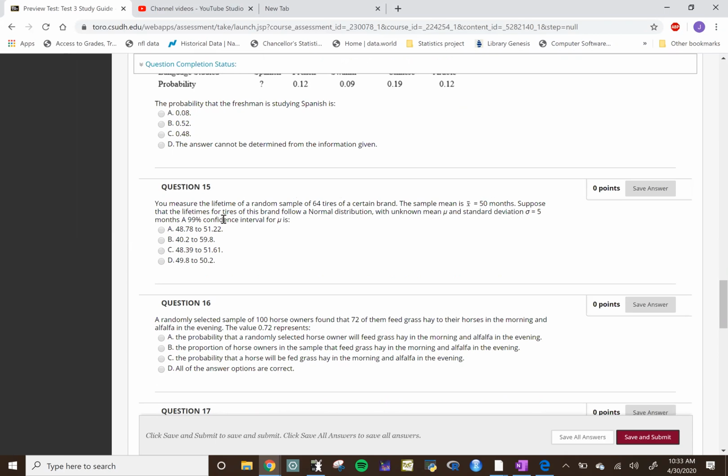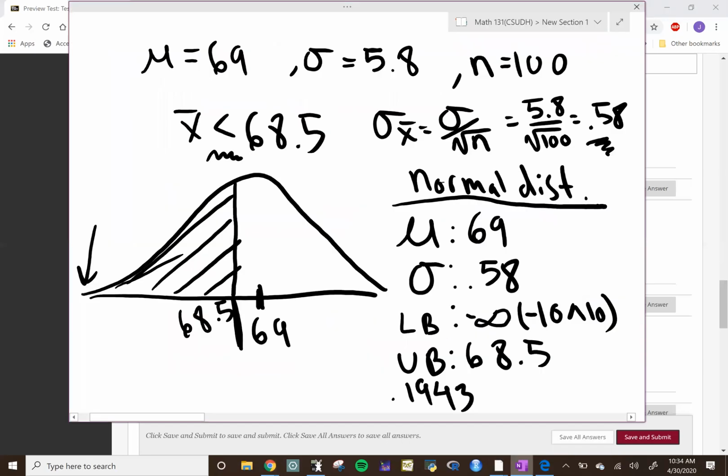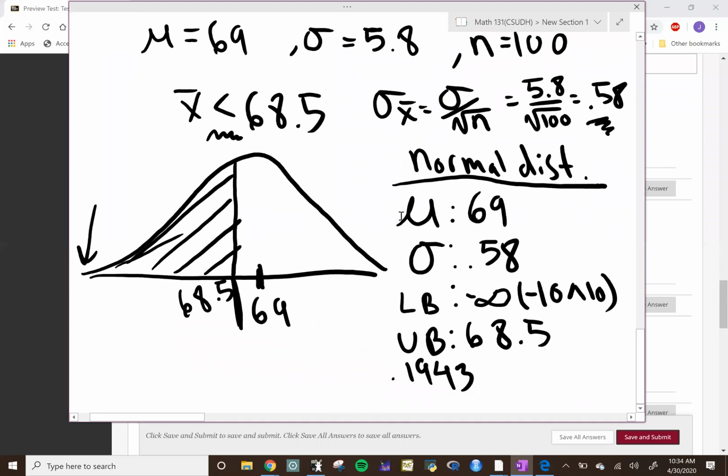Suppose the lifetime of a tire of this brand follows a normal distribution with unknown mean and a standard deviation sigma equal to 5 months. A 99% confidence interval for mu is. So they want a confidence interval, and for that we first want to notate everything that's given to us.